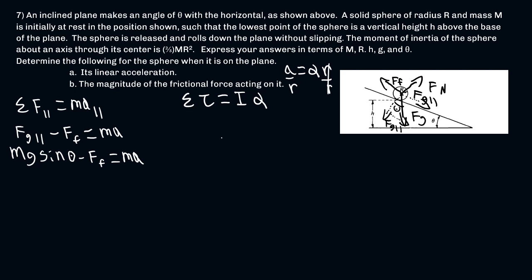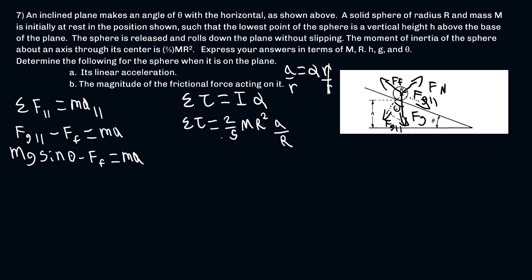And so I have the sum of all torques equal to a moment of inertia, which we were given in the problem, and this is for a sphere. So it is 2/5 the mass times the distance from the axis of rotation squared, and now times a over r. I'm going to make this big R for now. So what is torque here?